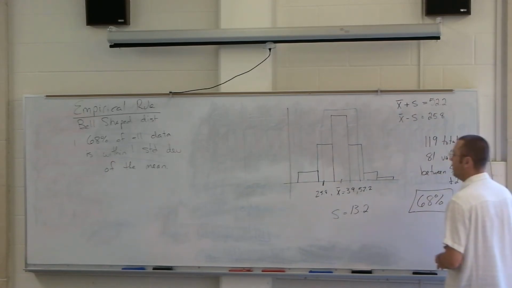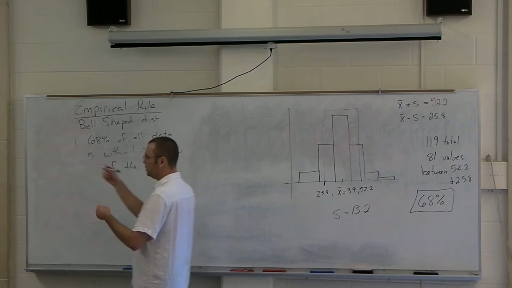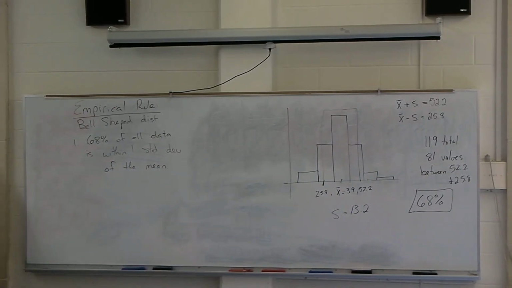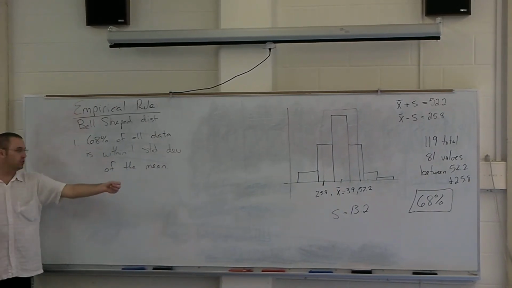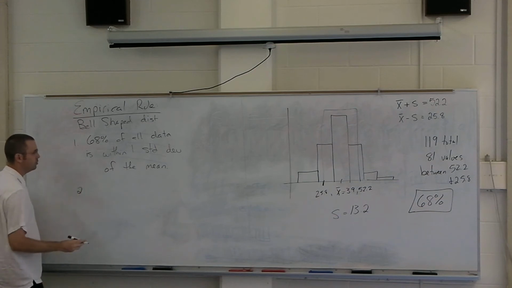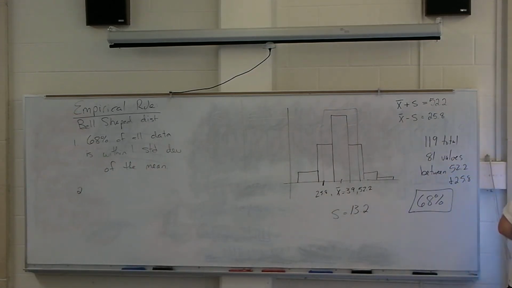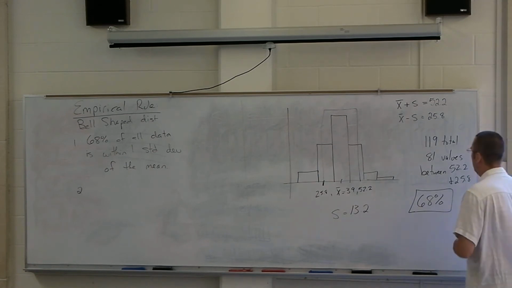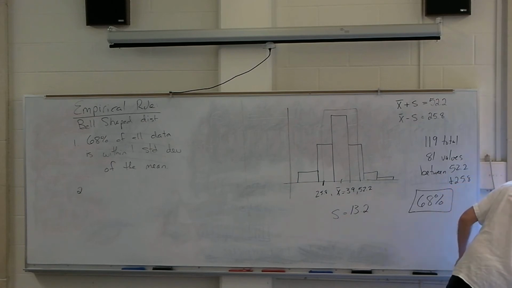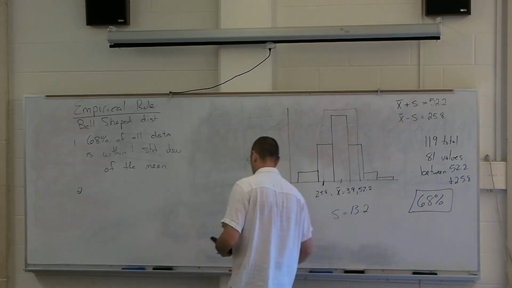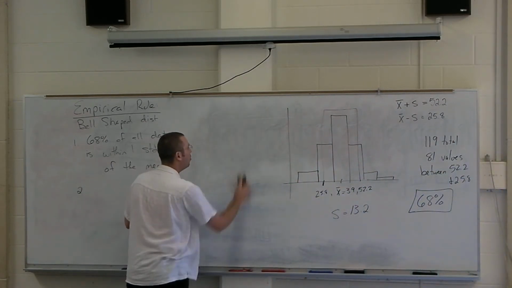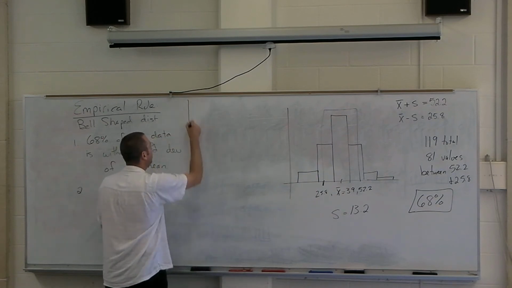Now, what if we go out one more standard deviation on the low side and one more standard deviation on the high side? Let's calculate the range first, two standard deviations below to two standard deviations above.